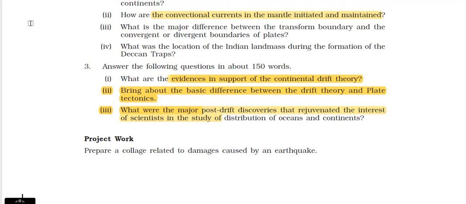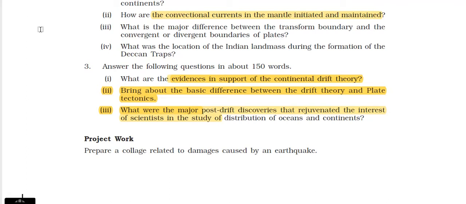But plate tectonics says that it is not the continents which move, it is the plates, the massive rocks, which can be continental plates, oceanic plates, or a combination of oceanic and continental plates. You have to write 3-4 differences each. Drift theory no longer has validity. Now plate tectonics is the valid theory, and we follow it.